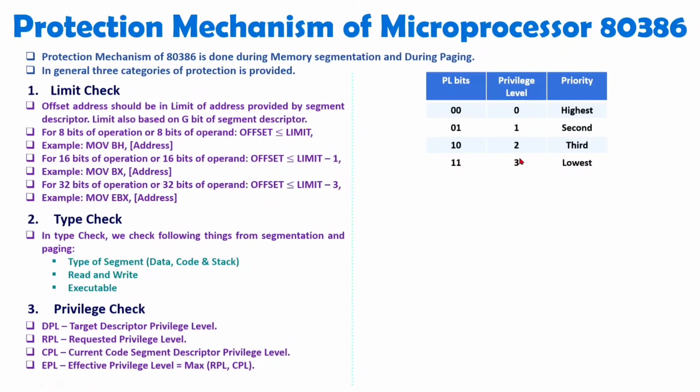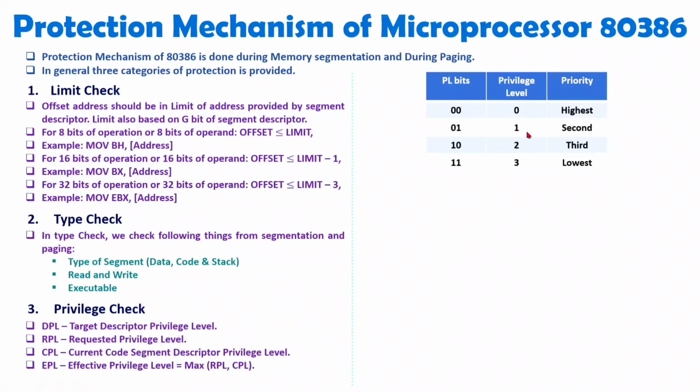So as 3 is having lowest priority, if the lowest priority is there as effective privilege level, then those memory areas which are having lower priority will only be allowed for access, right? So here my dear students, even if user is requesting with higher privilege level, but if current code segment is having lower privilege level, then maximum of that too will get considered.